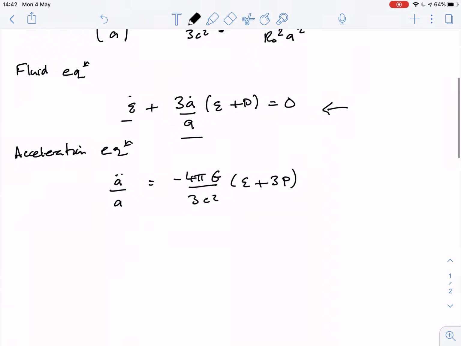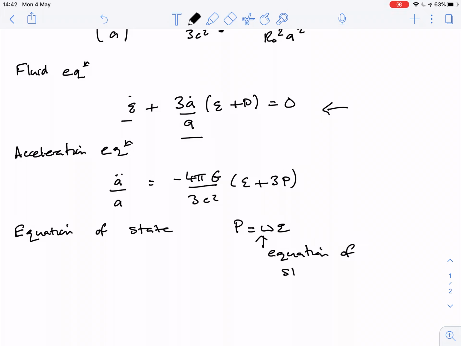We then need to couple that with an equation of state. Equations of state are potentially very complicated, but in cosmology they're very easy, because we use this parameter W, which we just call the equation of state parameter. So, quite a straightforward thing to do.